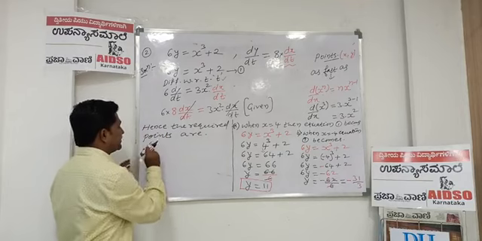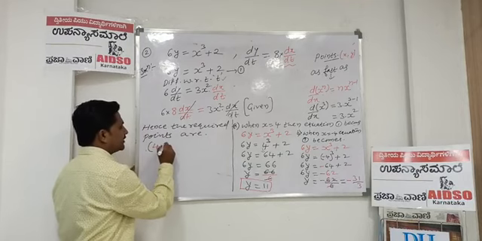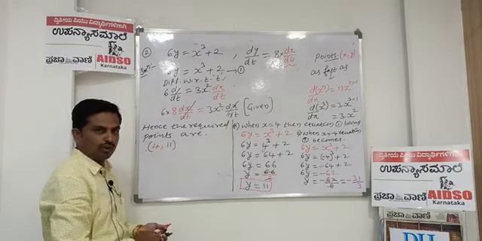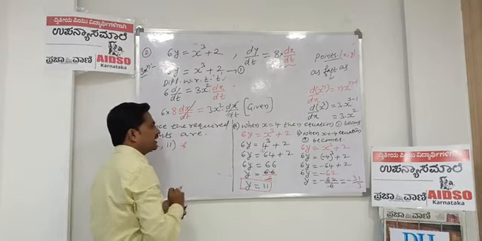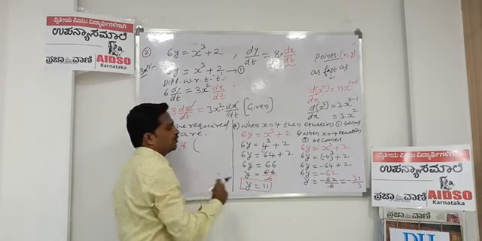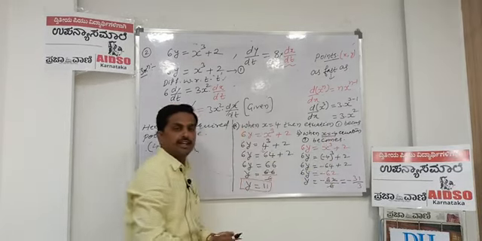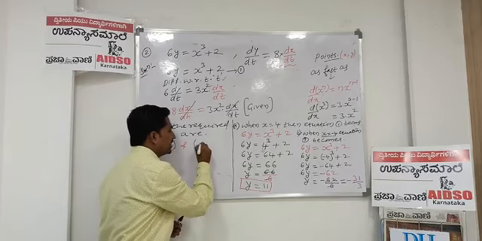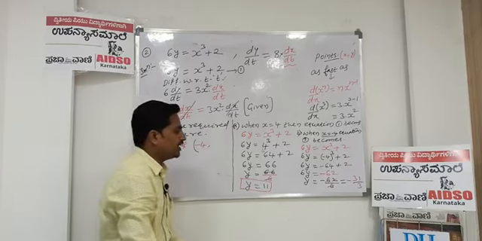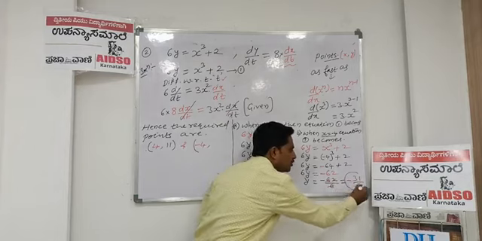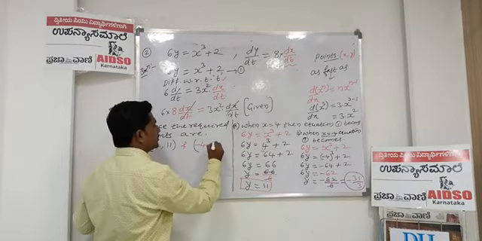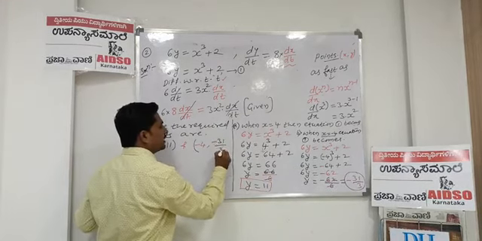So when x is equal to 4, the value of y we have got is 11. And next, when x is equal to minus 4, the second condition we have taken, the value of y we have got here is minus 31 by 3.